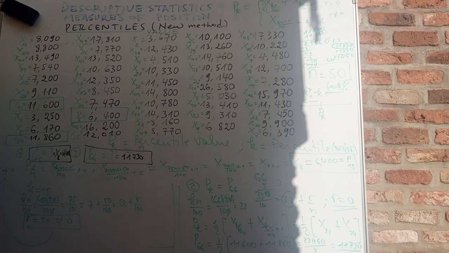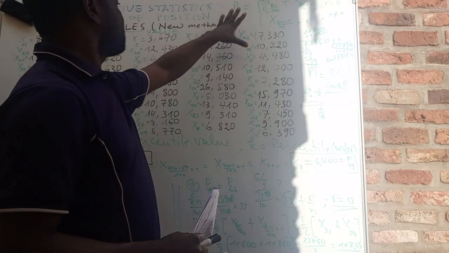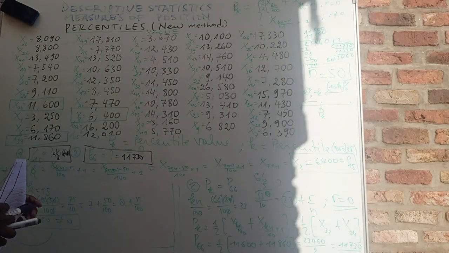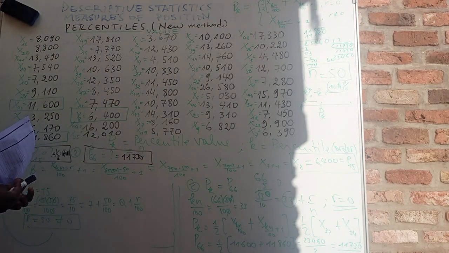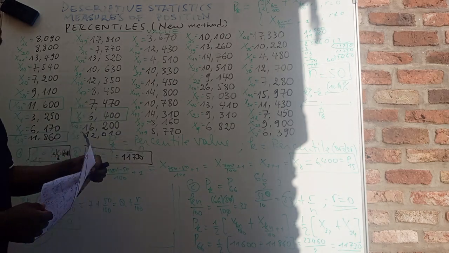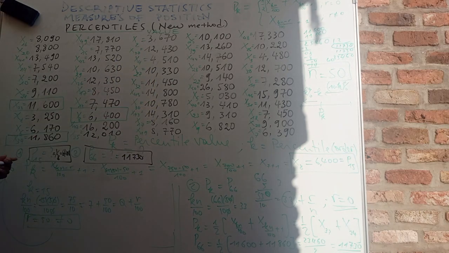Okay, now this is a new method to find the percentile values. And next time in another video, we're going to find, for any given value, suppose x8 is given, how can you find its corresponding percentile, for example 15 in this case?